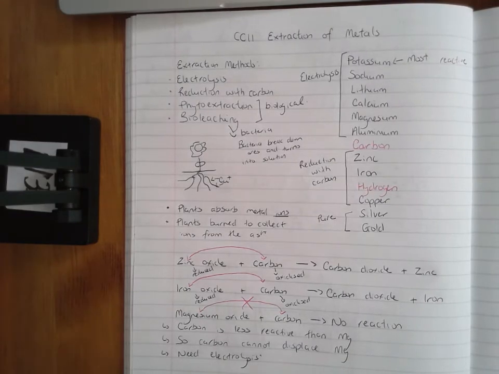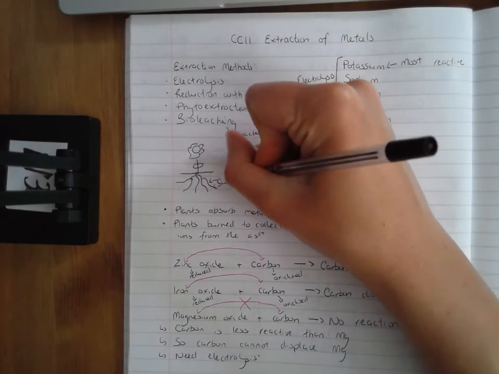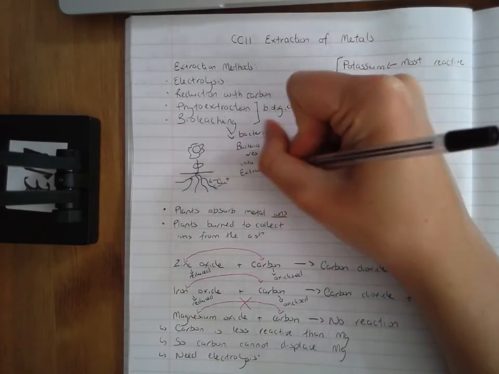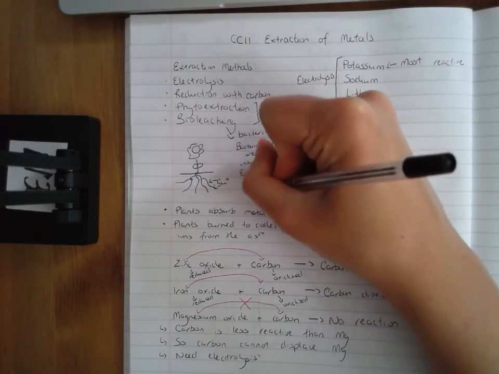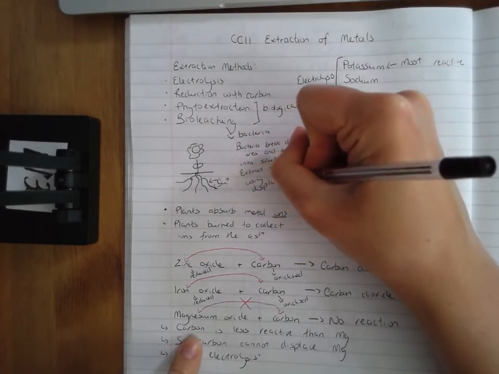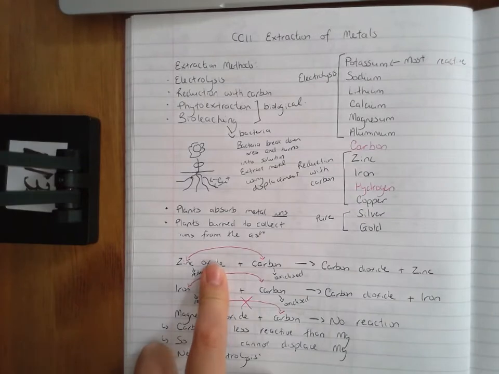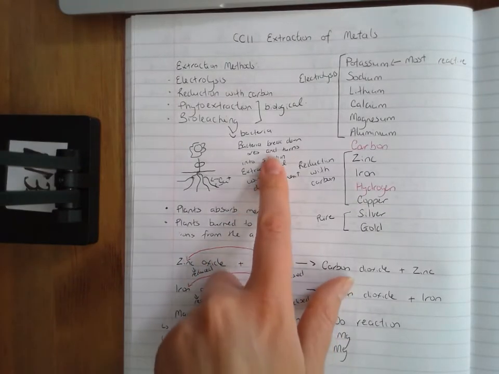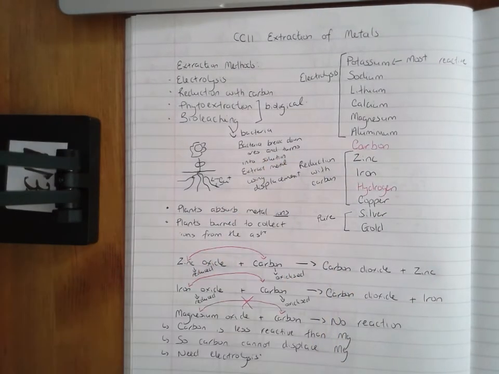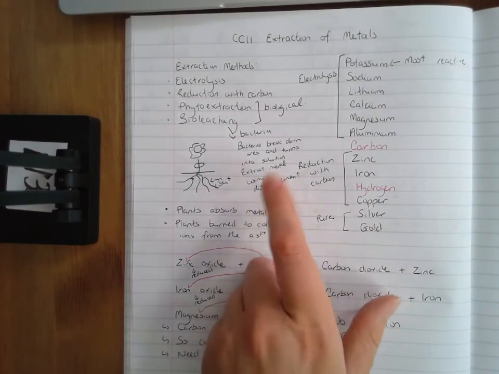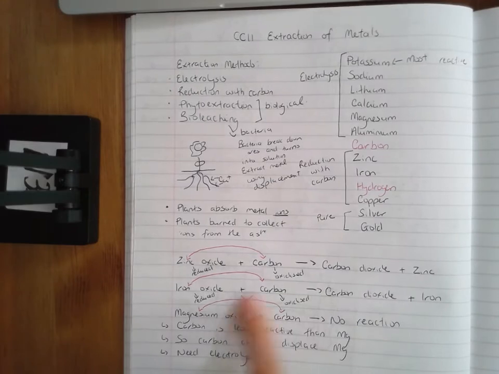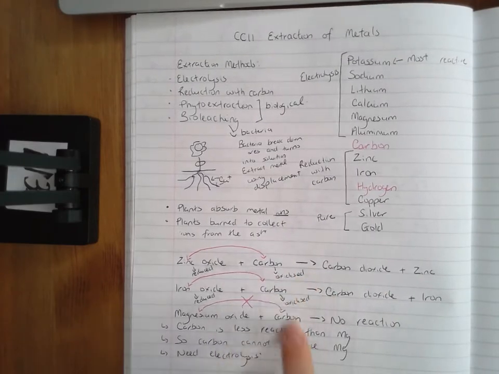Once it's in liquid form, you've got lots of metal ions floating around, and you can extract the metal using displacement, similar chemical reactions to the ones we carried out down here.